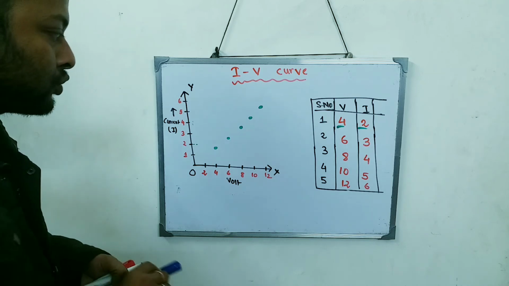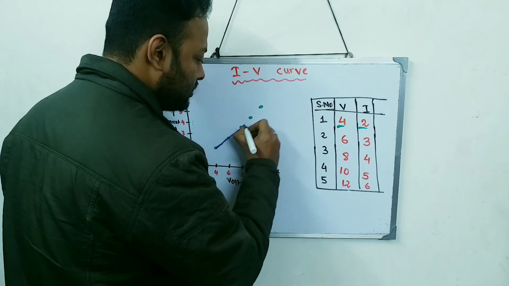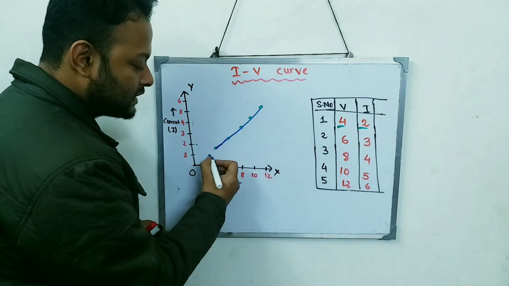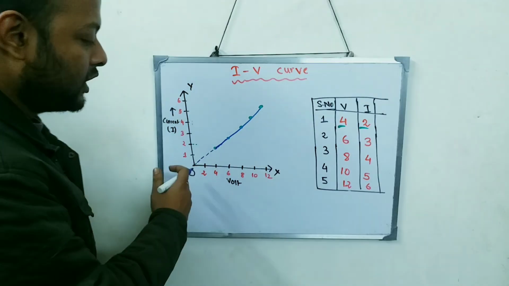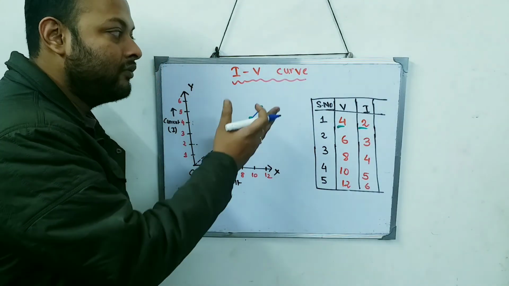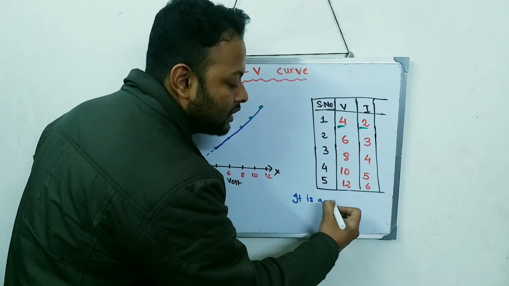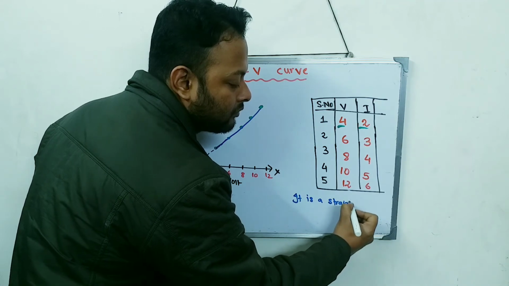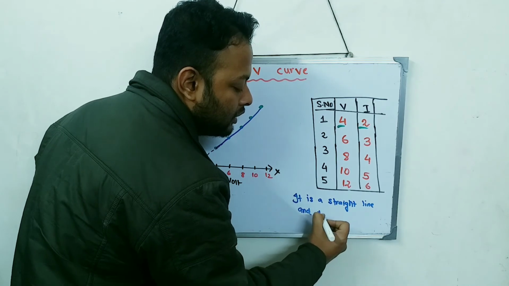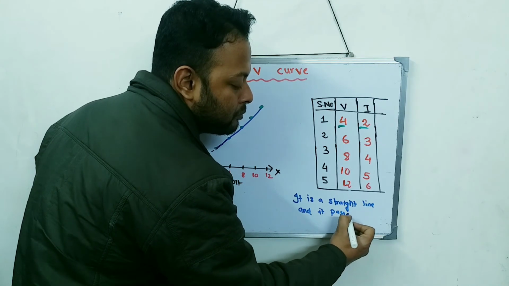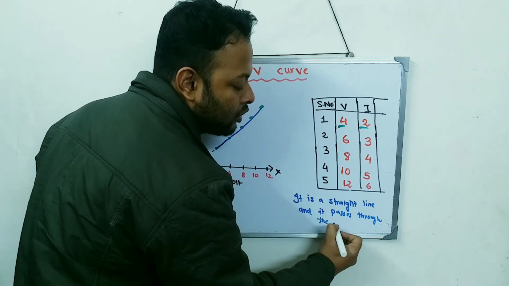Now when I join the points, I get a straight line. If we extend the straight line, it passes through the origin. So the IV curve is a straight line and it passes through the origin.